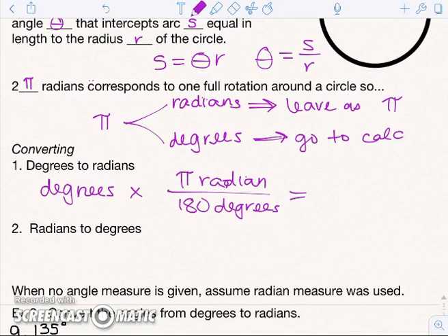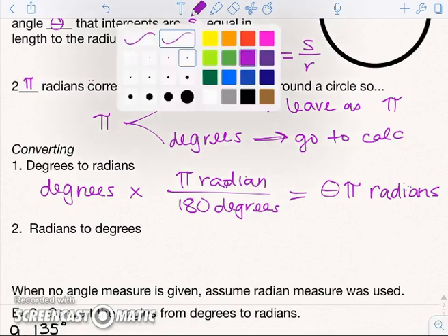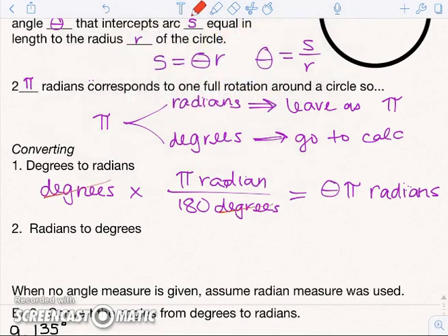And in the end, I'm going to have theta pi radians, because what will happen is my units of measurement of degrees will cancel, and I'll just be left with theta, which would have been up here, and then pi on the end.